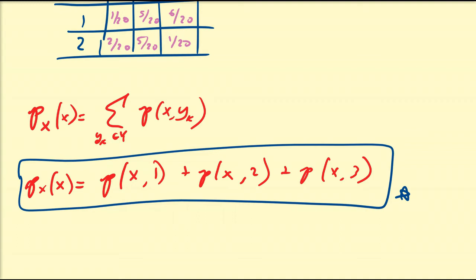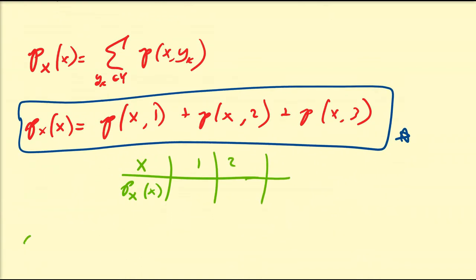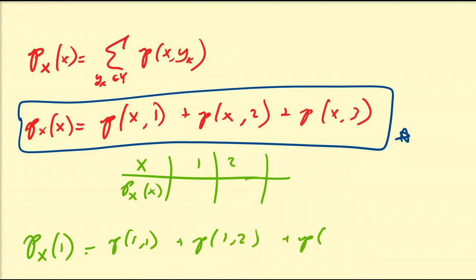So if we look at some values, what are the possible values of x? x can be either 1 or 2. So when x is 1 or 2, what is the value of the marginal function for variable x? P_x(1) is going to be the value of P(1,1) plus P(1,2) plus P(1,3).